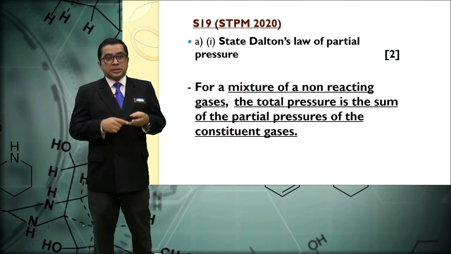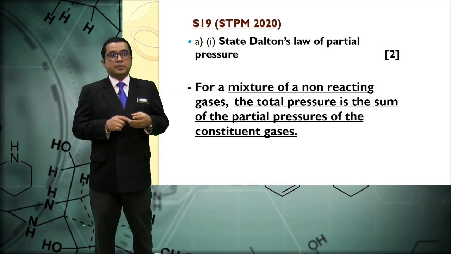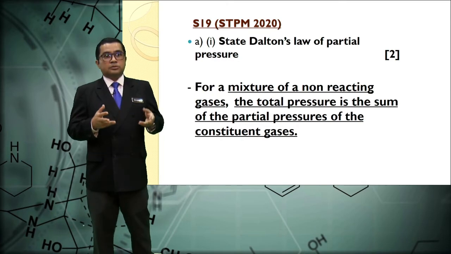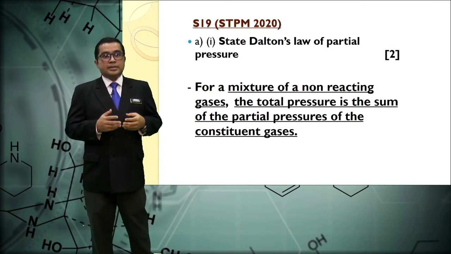So the total pressure of the vessel will be the sum of the partial pressures of each gas in the vessel. So P total will be P of oxygen plus P of nitrogen plus P of carbon dioxide. That is an example of how to understand Dalton's law of partial pressure. Okay, we go to the next one.